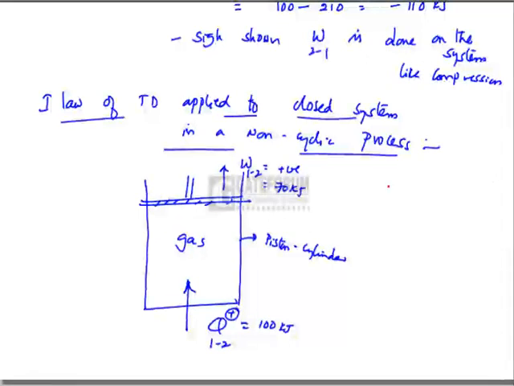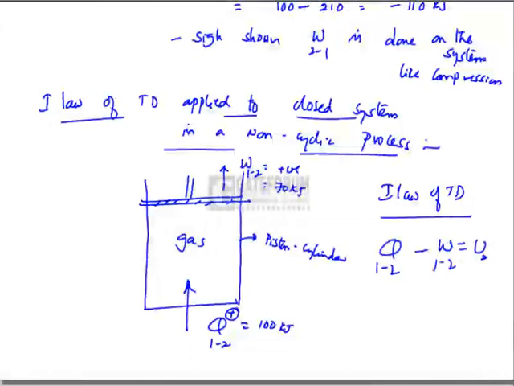Then, according to the first law of thermodynamics, Q1 to 2 minus W1 to 2 should be equal to U2 minus U1, that is change in internal energy of system.